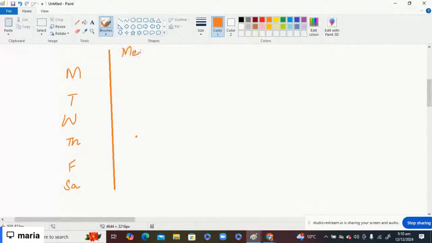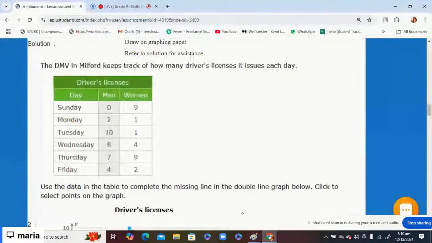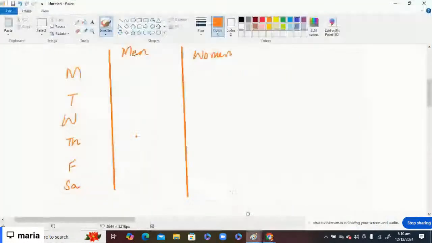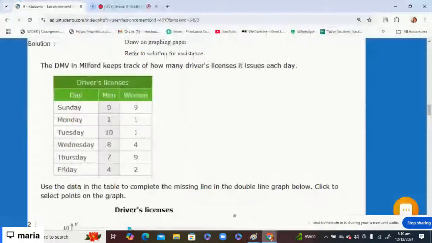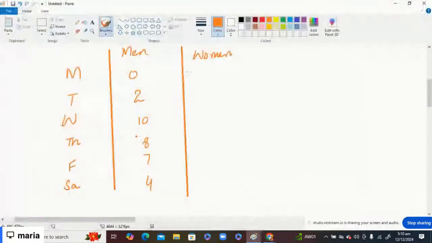Now for the men, the values are 0, 2, 10, 8, 7, and 4. Now for the women, it's 9, 1, 1, 4, 9, and 2.